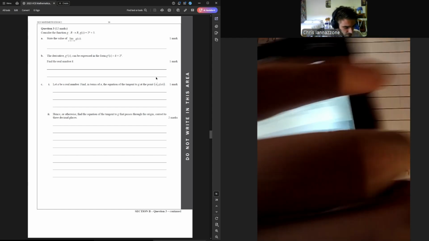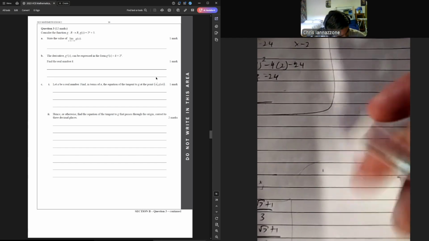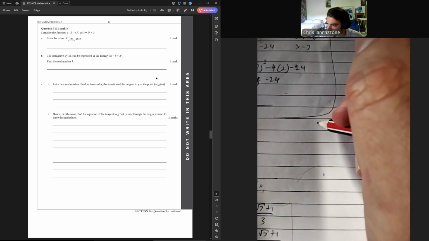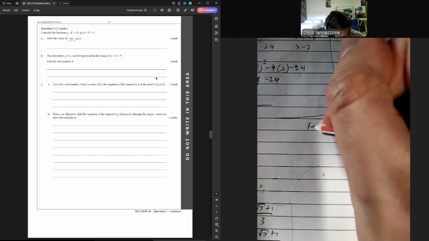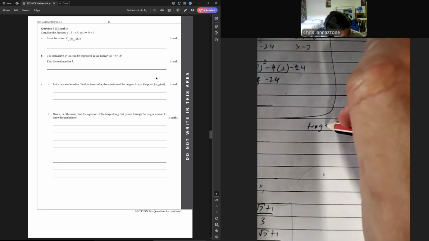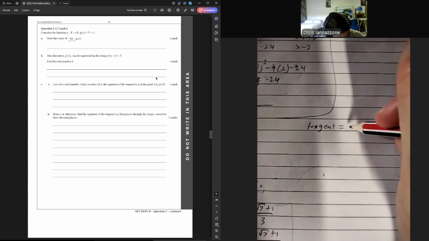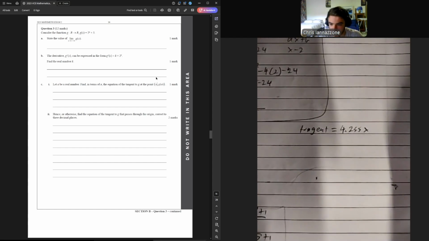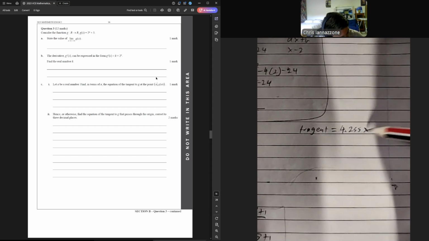So you would finally have tangent line, so you can call this whatever you want. You can be very specific with it. Tangent equals 4.255x, and that's really all you'd have to do there.